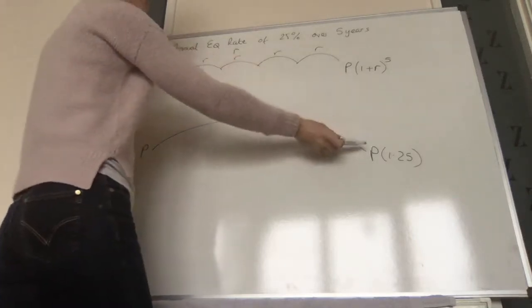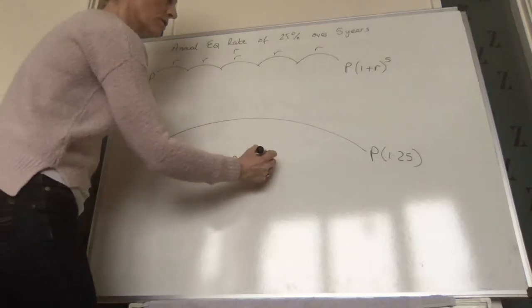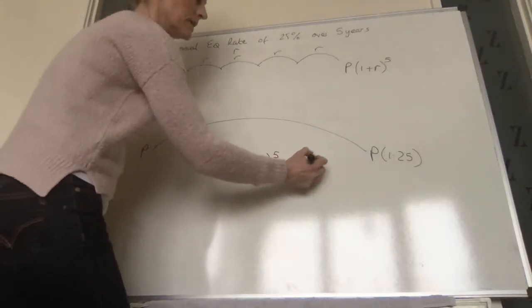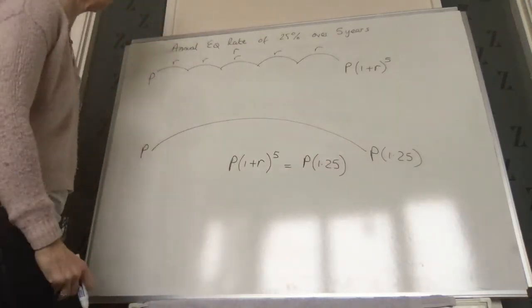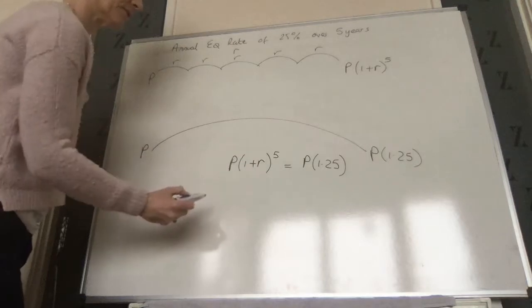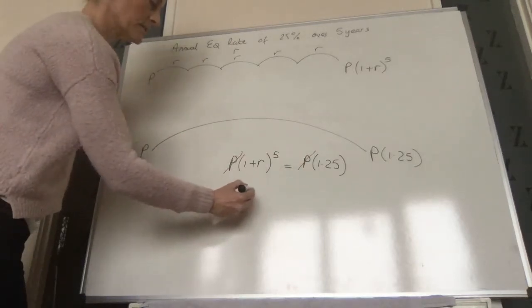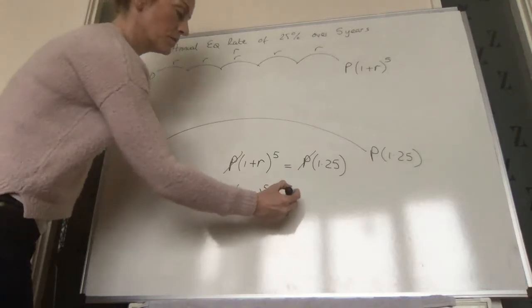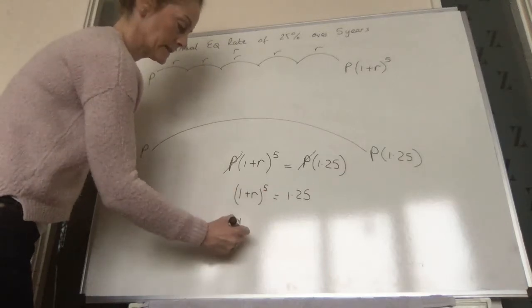Basically, we want to equate these two numbers. So P times (1 plus R) to the power of 5 needs to be equal to P times 1.25. How do we find R? Well, we can divide by P and we get (1 plus R) to the power of 5 is equal to 1.25. We need R, so we need to get the fifth root.